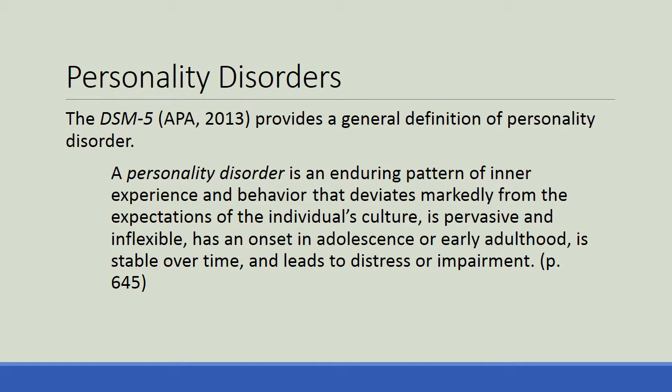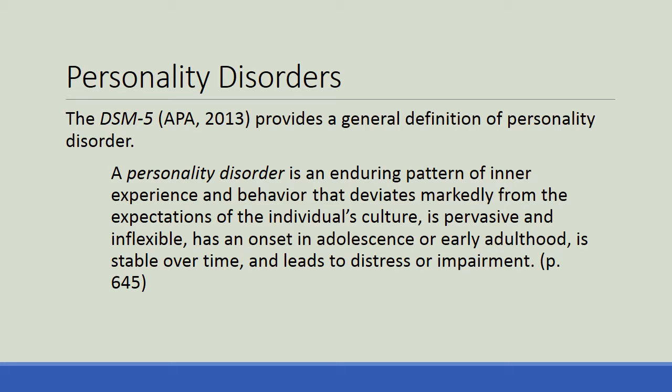The DSM-5 provides a general description of a personality disorder. A personality disorder is an enduring pattern of inner experience and behavior that deviates markedly from the expectations of the individual's culture, is pervasive and inflexible, has an onset in adolescence or early adulthood, is stable over time, and leads to distress or impairment.